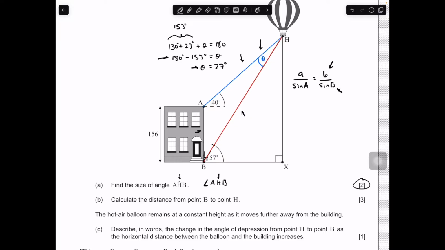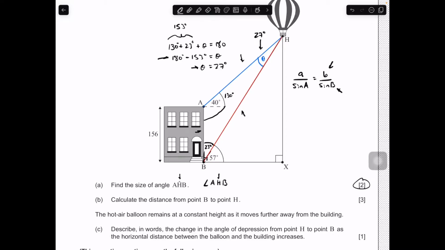If we have a side length and its opposite angle, and an angle and its opposite side length, 2 pairs of these, then we can solve for the unknown. We know that this was 130 degrees. We found out earlier that this was 23 degrees, so we have all the angles. And if we can just find one side length, we should be able to use the sine law.